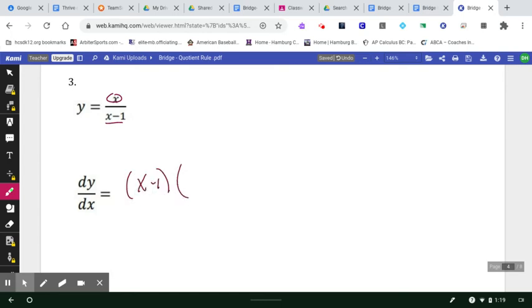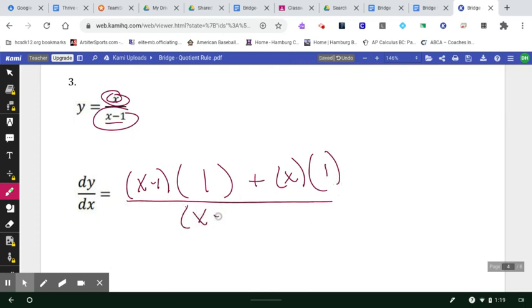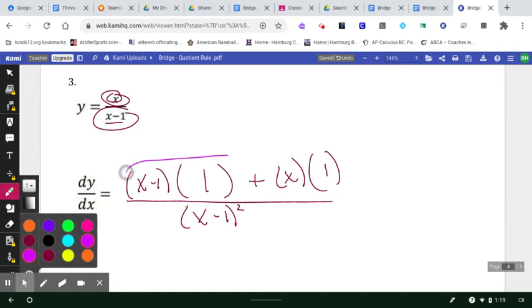So my low d high. The derivative of x, which is linear, is 1, plus the high. I need the d low. The derivative of x is 1, and the 1 becomes a constant, all over the low squared. Well, the 1 is a constant, it becomes 0. And the calculus part's done. It's just the cleanup. I'm going to multiply the first two terms.